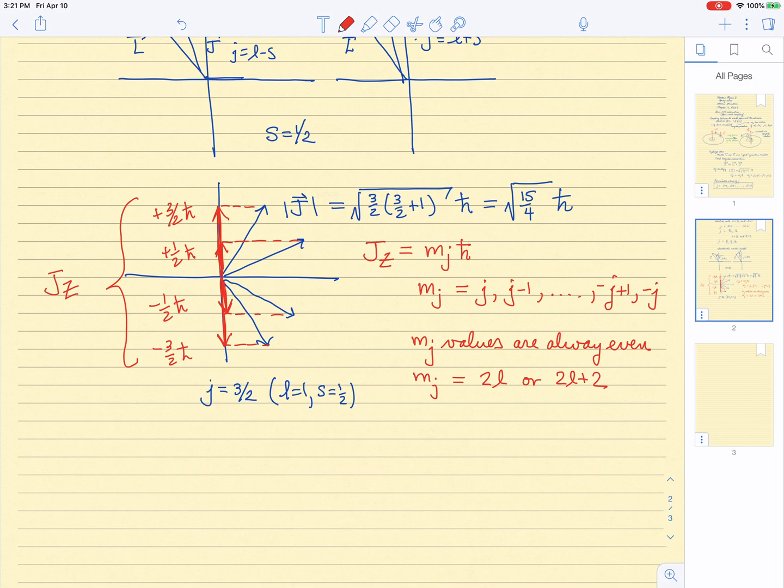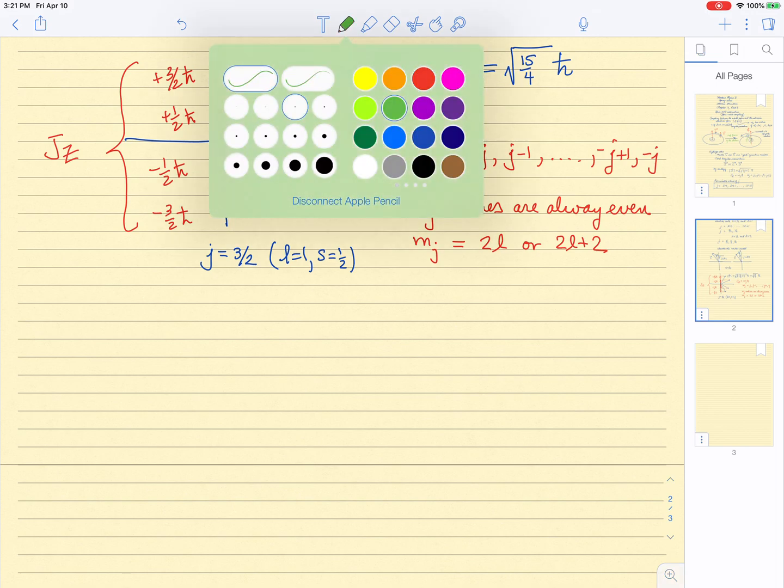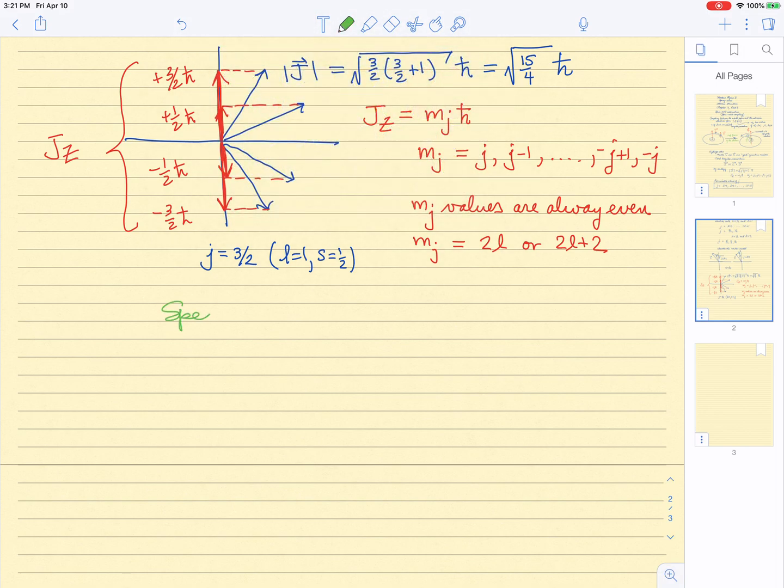So there's a notation here that I want you to appreciate, and it's called a spectroscopic notation.